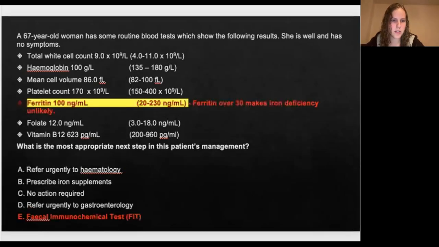So the answer is the FIT test. It's for a couple of reasons. So first of all, you want to look at the age. So this woman is 67 years old. And then looking at the blood results, what can people tell me? Does anyone know what this is? What's abnormal?